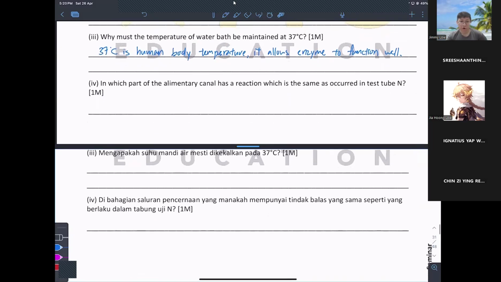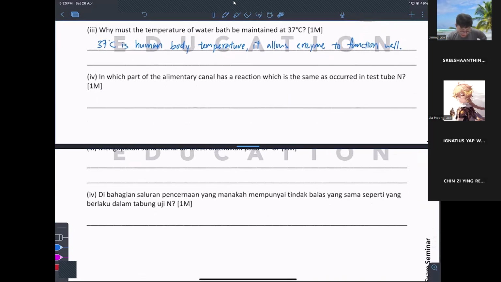Okay, question 4, in which part of the alimentary canal? Alimentary canal means the path that the food passes through. Which part has the same reaction as occurs in test tube N? In test tube N, you have saliva to break down starch. Which part has the same function, which can break down starch as well?